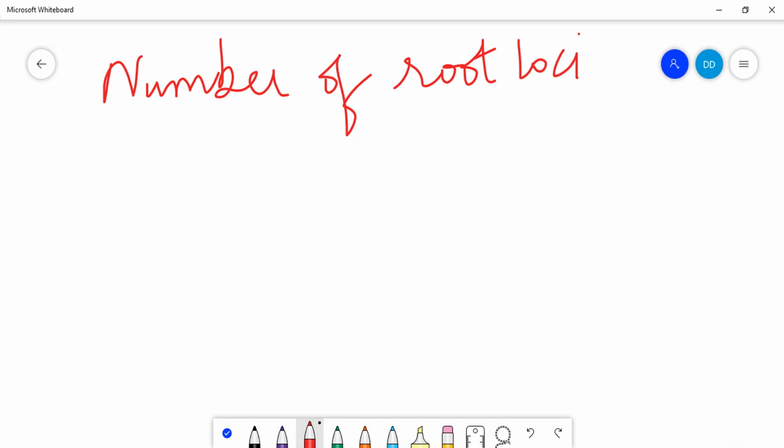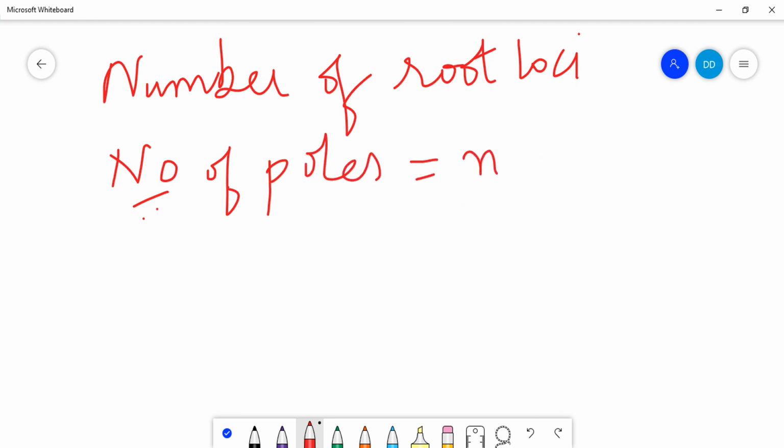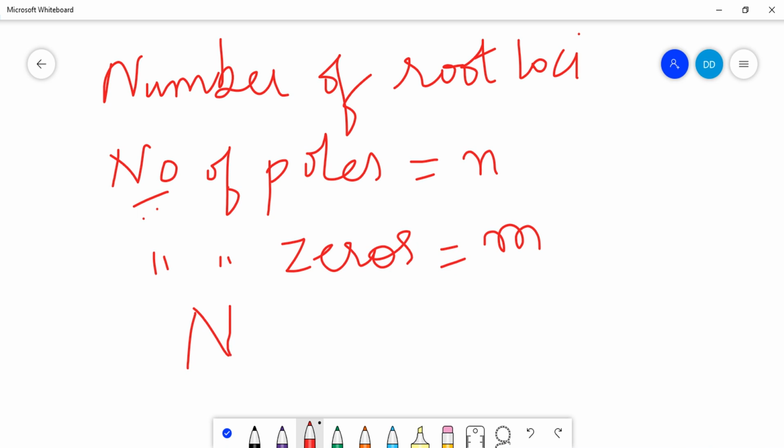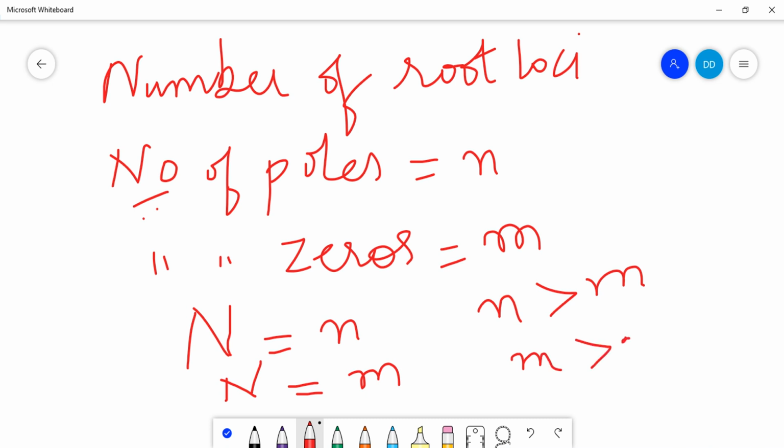If the number of poles in the open loop transfer function we denote by n, and the number of zeros we take as m, then the number of separate root loci in the plot is equal to the number of poles if the number of poles is greater than the number of zeros, and the number of root loci will be equal to the number of zeros when the number of zeros is greater than the number of poles.